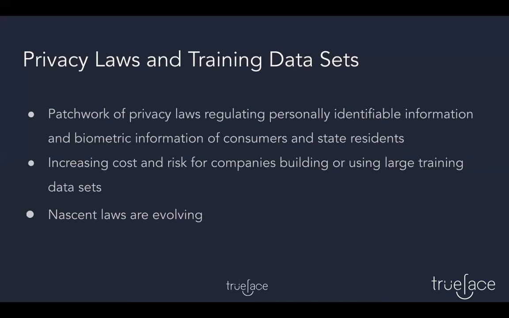It's natural to wonder whether building those diverse, large training data sets, which, as I said, is critical to making good software, is going to violate privacy laws here in the U.S. I want to start off this conversation by saying, contrary to popular understanding, there are no direct US laws about how private companies can use an individual's visage in a machine learning training environment.